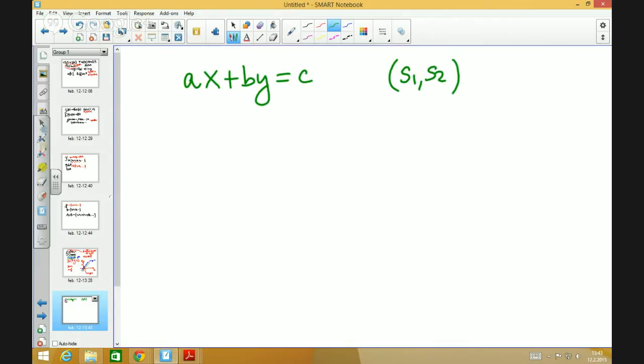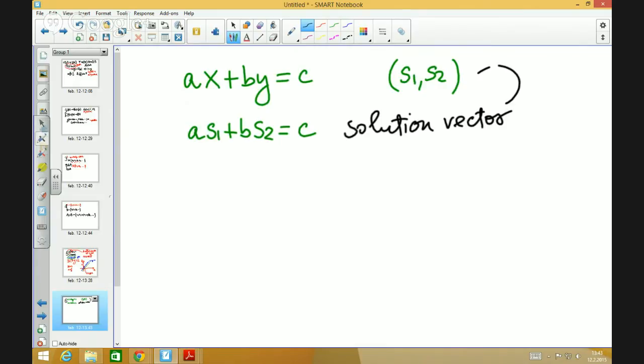These are two real numbers. Okay, what does it mean that this is a solution? This means that a times s1 plus b times s2 is going to be equal to c. That's what it means to be a solution. That's my solution vector.